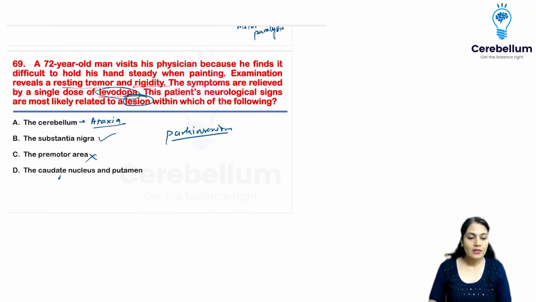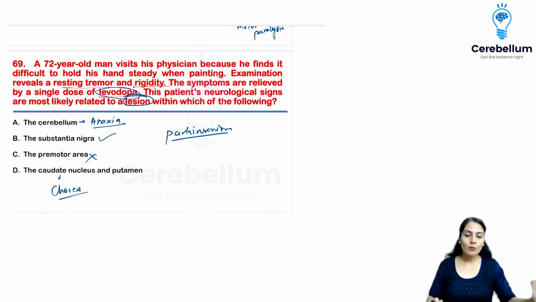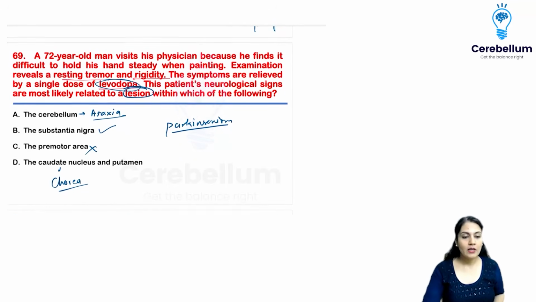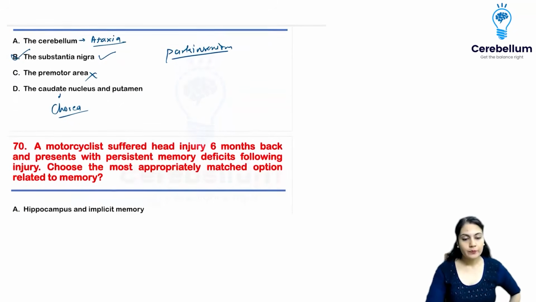If the caudate nucleus is involved, he is going to have the St. Vitus dance. It looks as if he's doing involuntary, dancing movement. So that is going to be caudate nucleus lesion. But over here, they have clearly mentioned that the patient is going to have rigidity, resting tremor. This will be seen in Parkinsonism. So the answer over here is option B.